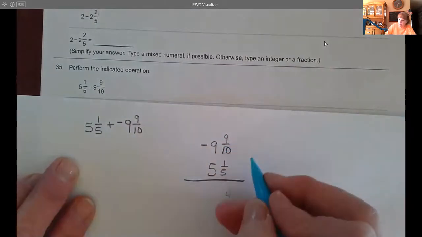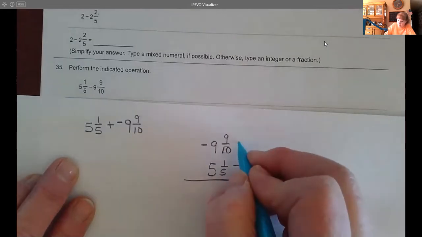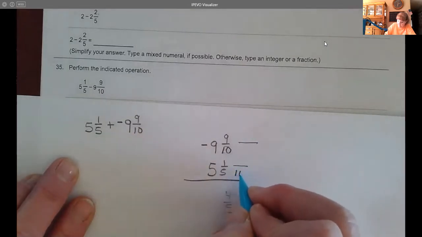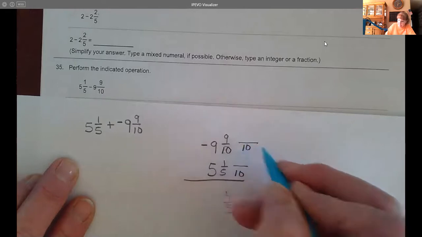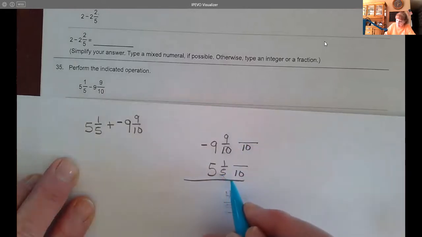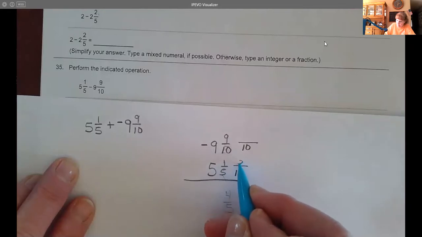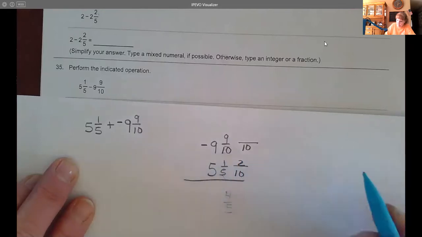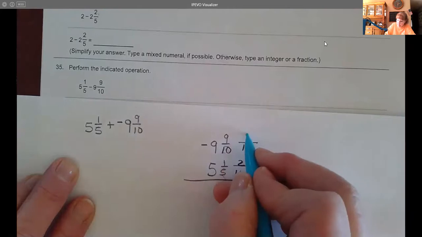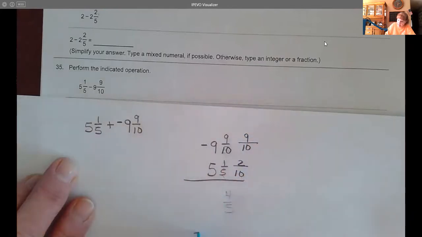All right, so here we're going to change it to a denominator of 10. So we have multiply by 2, multiply by 2, multiply by 1. So I have a negative 9 9/10 and a positive 5 2/10.